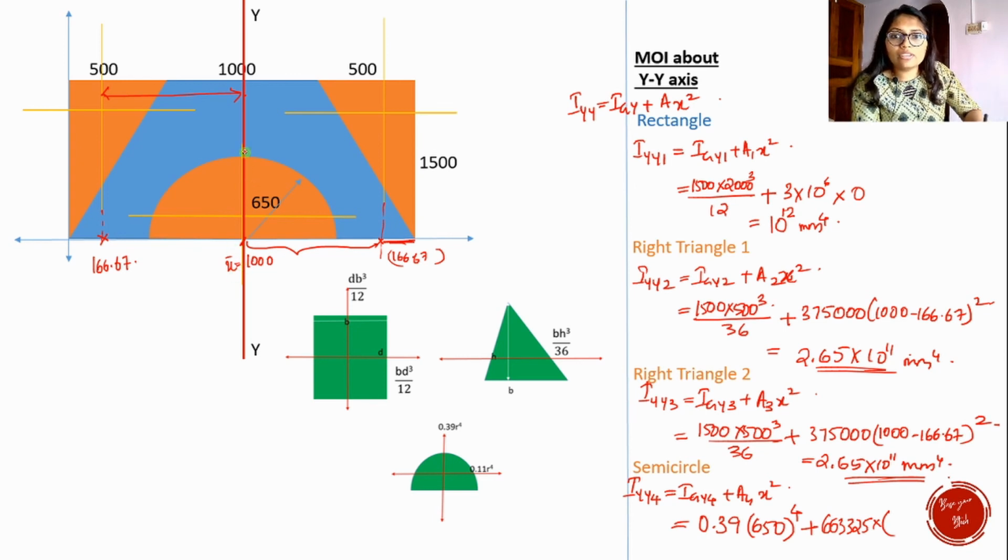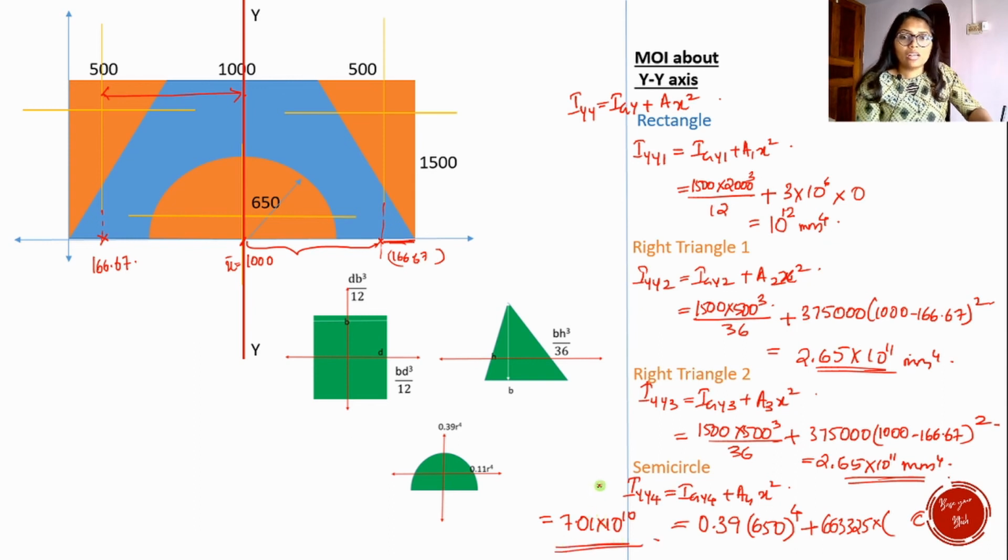I think we cannot see a vertical axis drawn separately for the semicircle, which means there is no distance of separation between the yellow vertical line and the red line. So the distance is just 0 whole square, and your value is about 7.01 into 10 raised to 10.